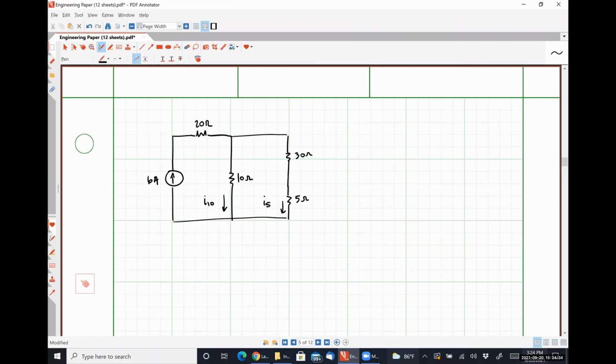We know that all 6 amps of current flows through that 20 ohm resistor before it sees that middle branch containing the 10 ohm resistor and that right-hand branch containing the 30 ohm resistor and the 5 ohm resistor. So if we are using current division to solve for that current I-10 or that current I-5, the 20 ohm resistor should never show up in any of our equations because all of it flows through that one, okay?